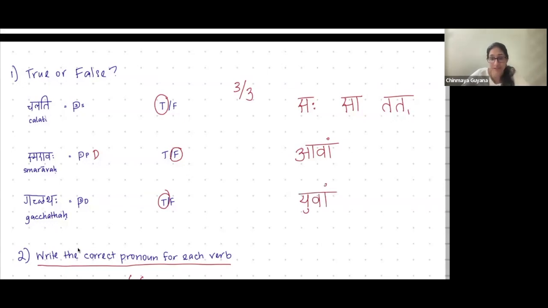If you didn't get this, that's because you just didn't read the instructions properly. This was 3 free marks because once you know the verb, the pronoun is evident. Okay, so that's another 3 out of 3. So this question is total out of 6. Good, so far so good. We move on.